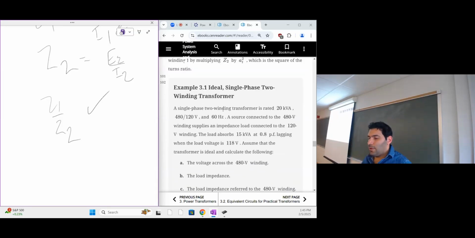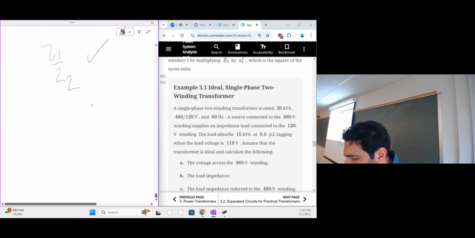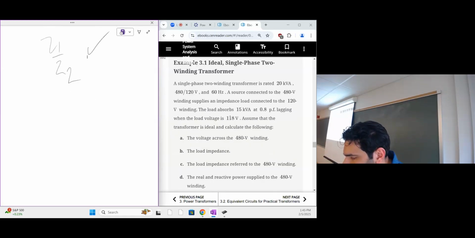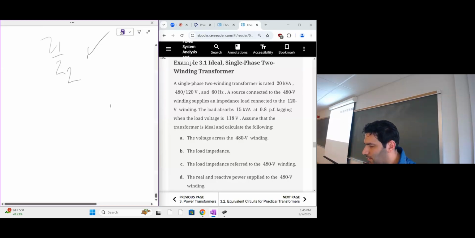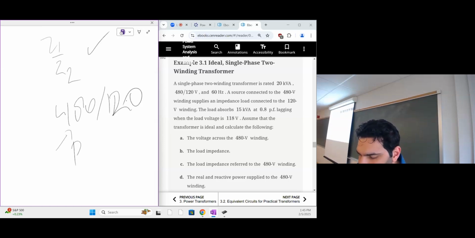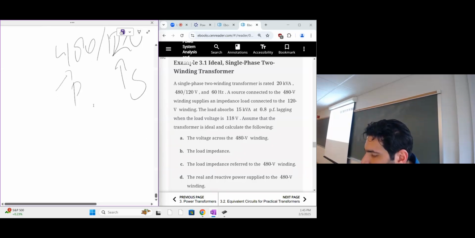So here's an example. An ideal single-phase two-winding transformer has these ratings: 20 kVA, which is the S. Those are the voltage ratings, 480 and 120, primary and secondary, okay? 60 hertz frequency. And then you have a source.